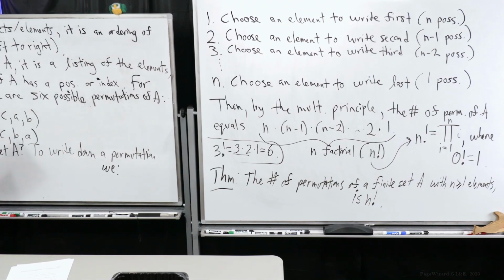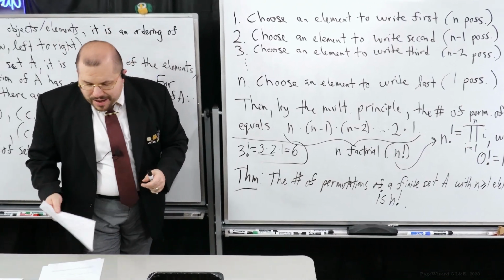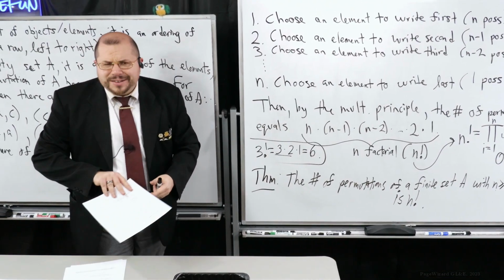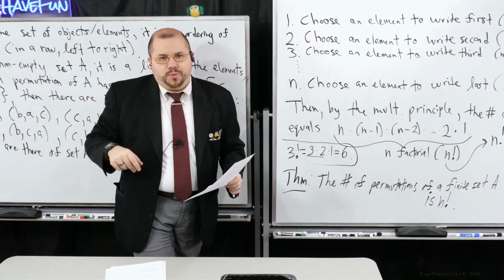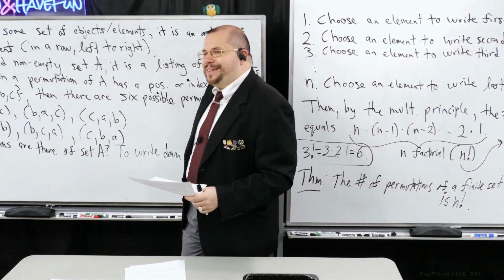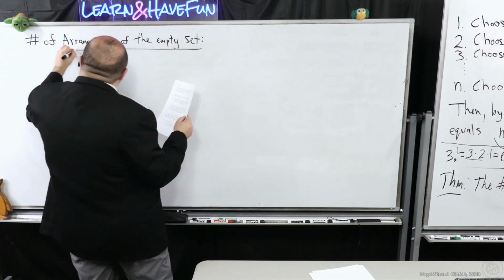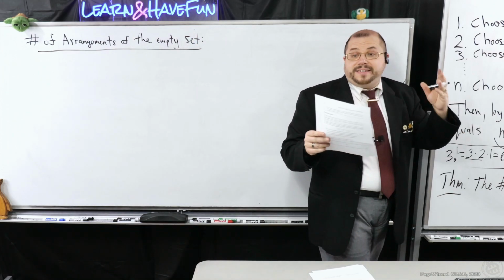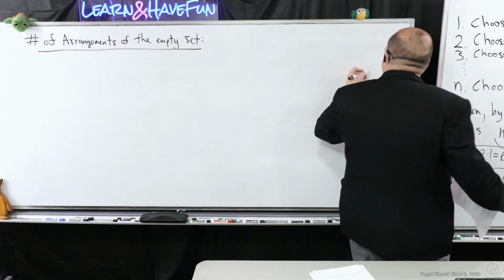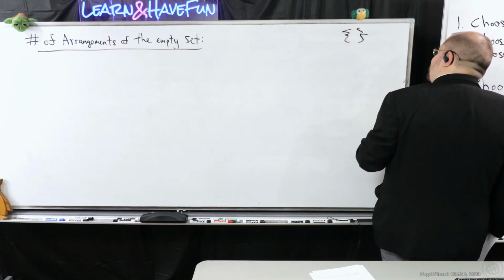Now that brings me to talking about something strange that I brought up. I said that 0 factorial is equal to 1. And you might be like, okay, what does that mean? Just for context, if you're not sure what the empty set is, as the name suggests, it is a set that has no elements in it. It looks like this. There's nothing inside of here.